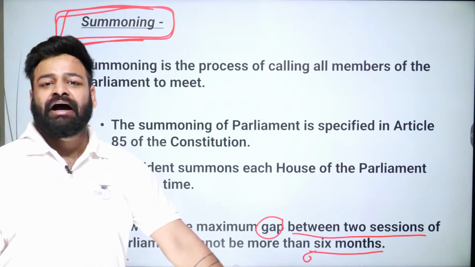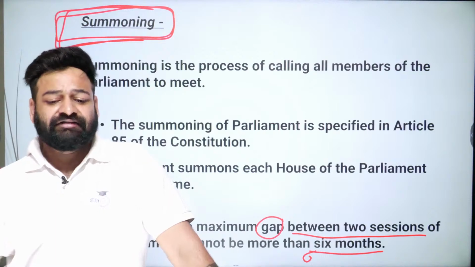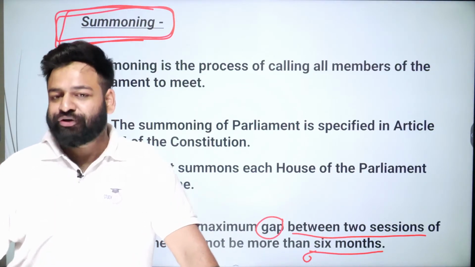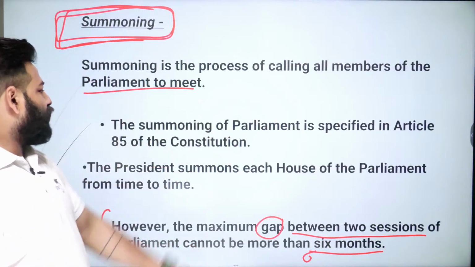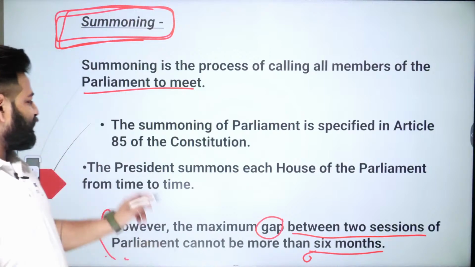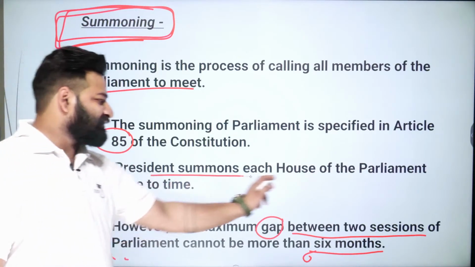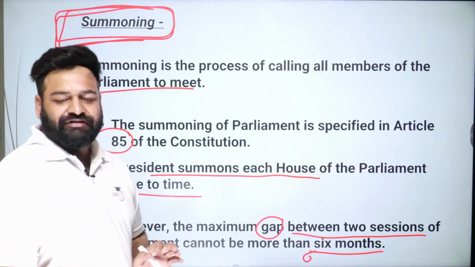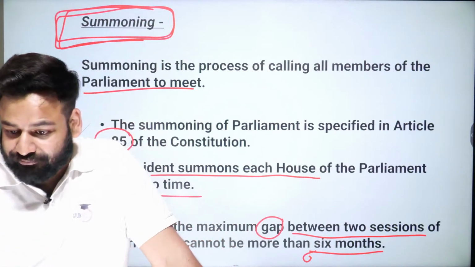Who will be the authorized dignitary who will summon the house? It will be just and only the Honorable President of India. Under Article 85, the President summons each house of the parliament from time to time. Simple as that. Okay guys, clear?